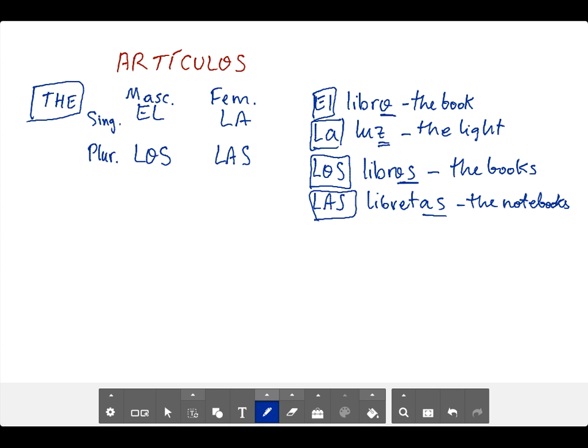So we have now the, but in English we also use a or an and some in order to express non-specific nouns, objects or people. In order to express a or an, of course a book or an animal, in Spanish the singular masculine noun, when we refer to an animal, we would say un, but when it's feminine, we'd say una.